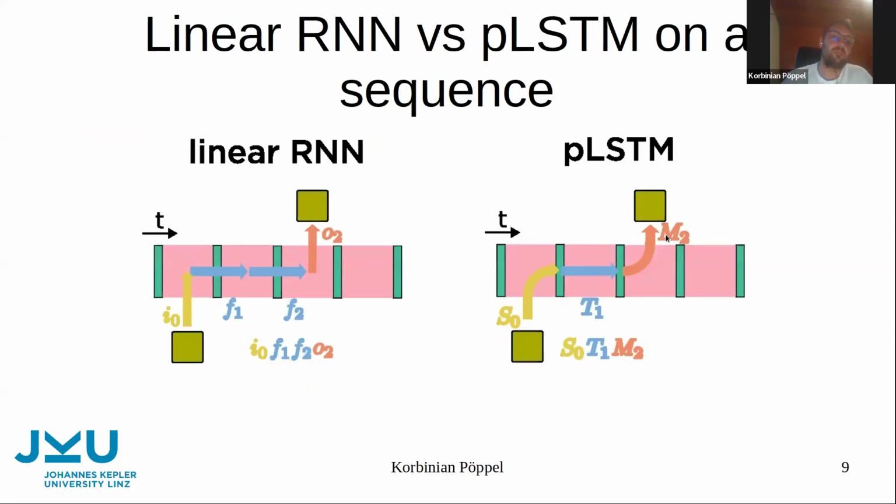For a linear RNN, you have these inputs at the nodes, then you have these forget gates, then you have this output. For pLSTM on a sequence, it looks a bit different, but it can probably be well translated into one another with reparameterization. But how does this now look on a graph?